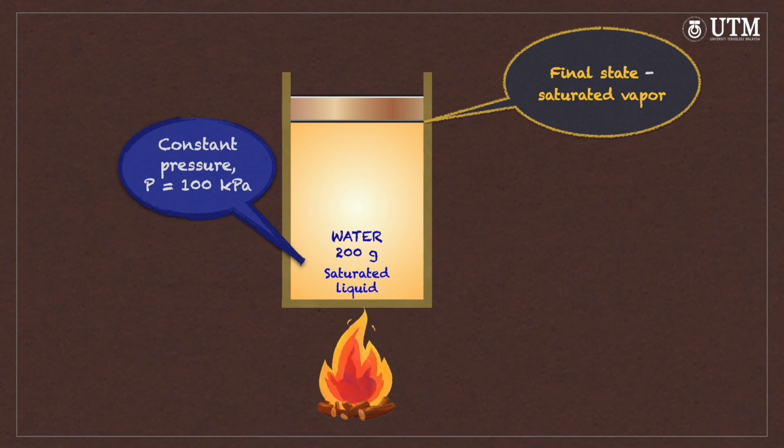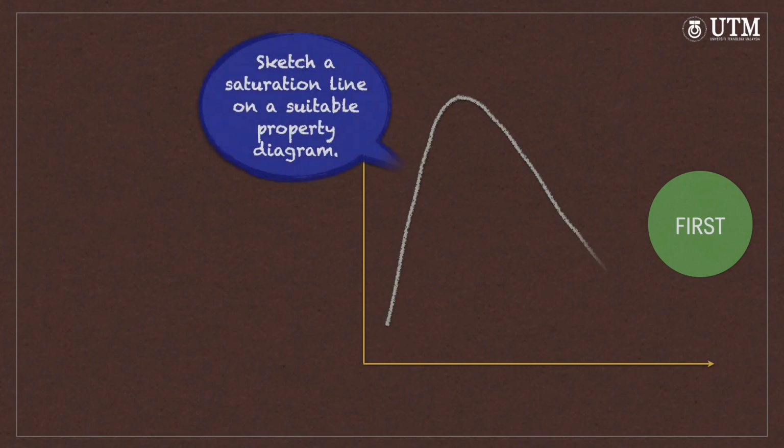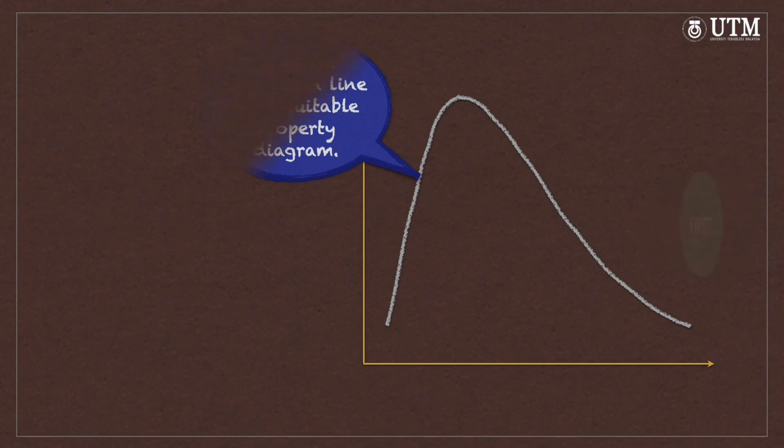To solve this example, the 5 rules of thumb will be adopted. First, we sketch a saturation line on a suitable property diagram that includes all the necessary given properties, such as temperature, pressure, or specific volumes.